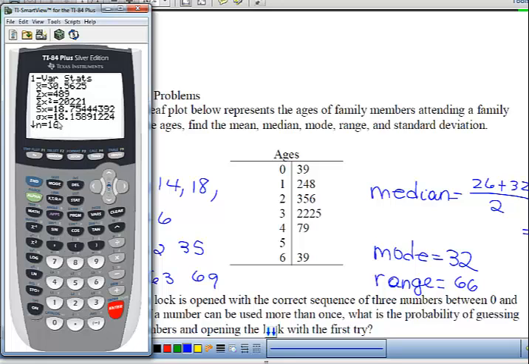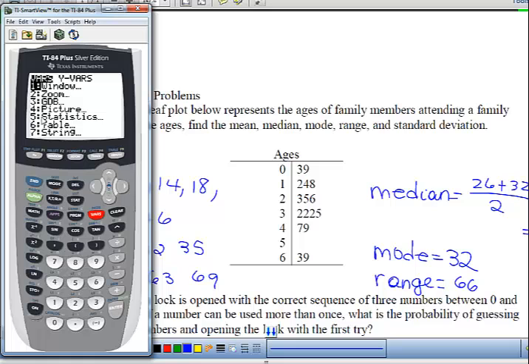And then you were asking, how do I get the variance? If I wanted to get the variance from here, you could either just type it out, 18.75444392, and then square it. That gives us the variance. Or if you wanted to take advantage of the calculator, I would go to VARS.